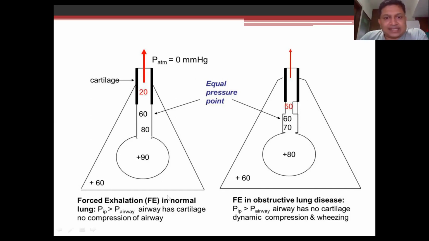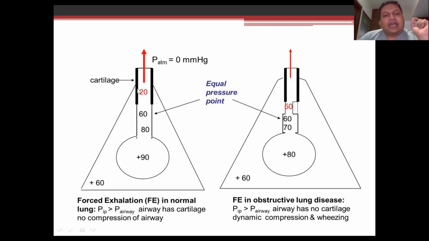This is a pleural sac, and this is your extrapleural airway. This is your intrapleural airway. In the intrapleural airway, this is your cartilaginous airway and this is a non-cartilaginous airway. So this is a compressible airway.